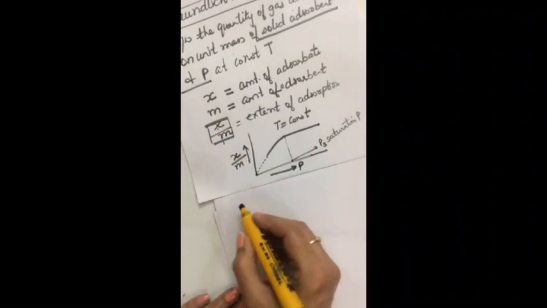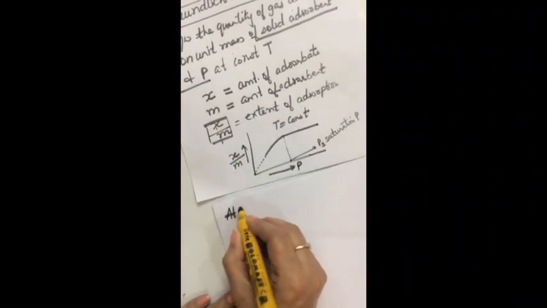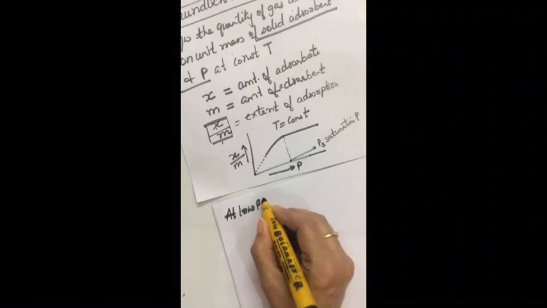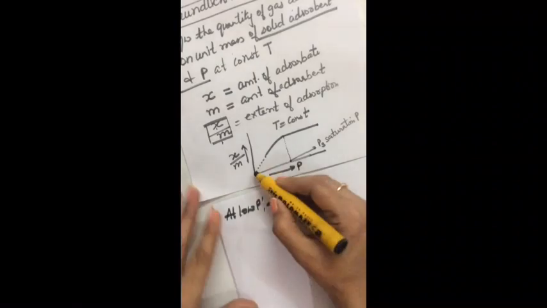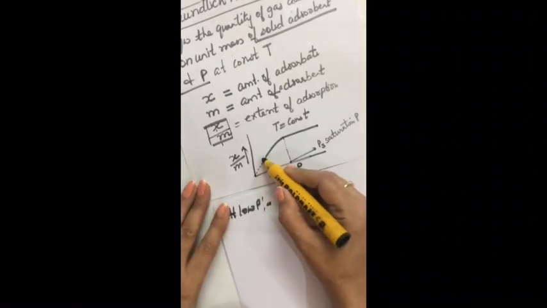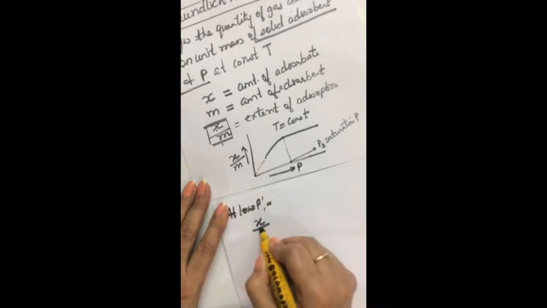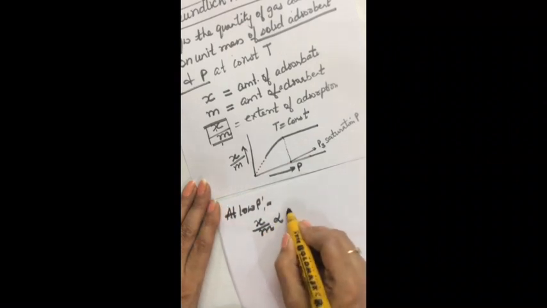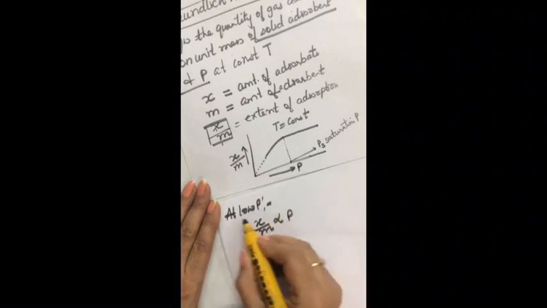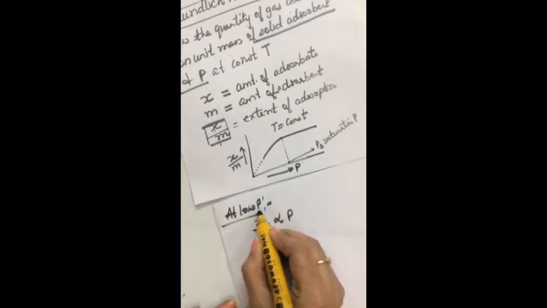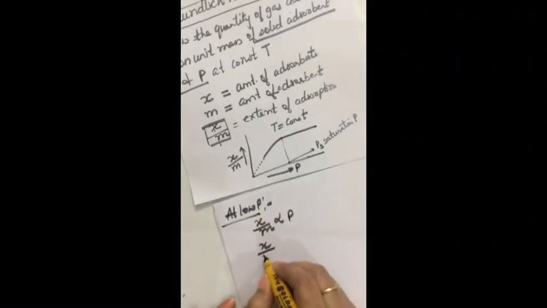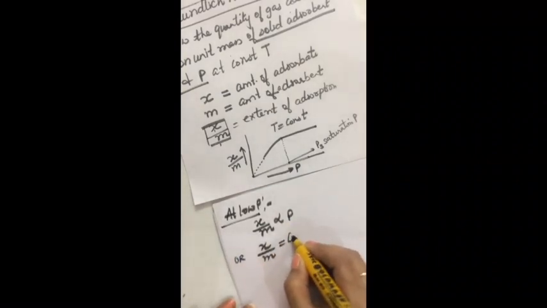Now from this graph, at low pressure we see a straight line. A straight line denotes that the extent of adsorption is directly proportional to pressure when pressure is low. x by m is proportional to P; if we remove the sign of proportionality, we get a constant.